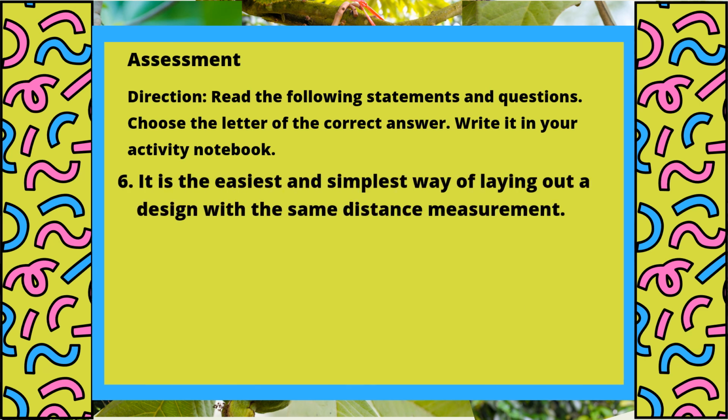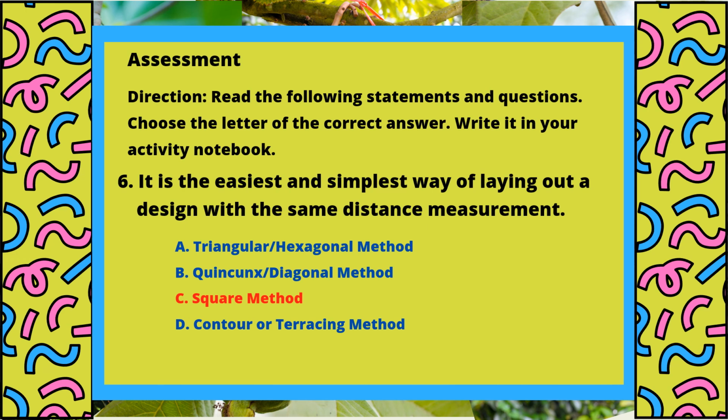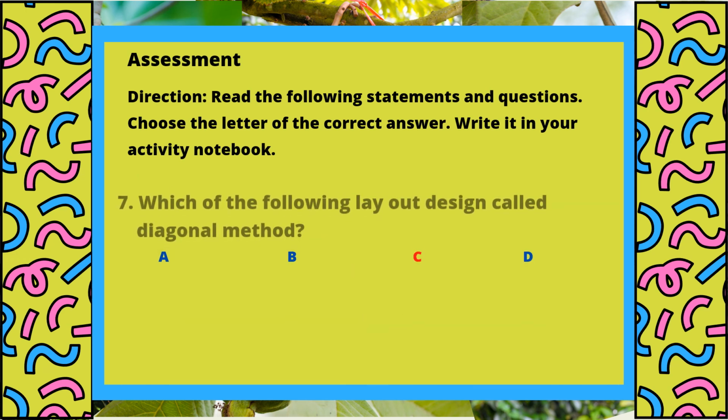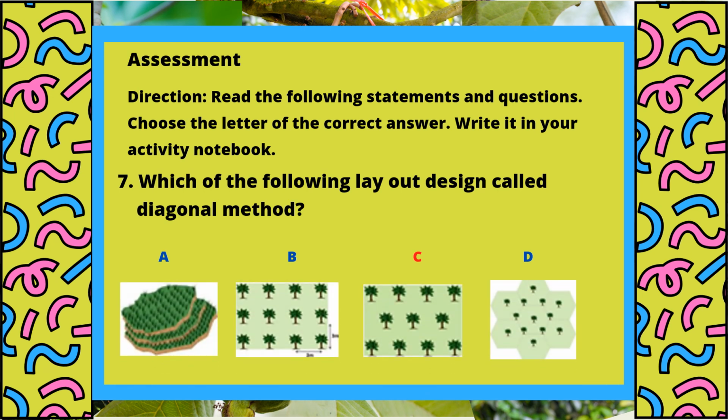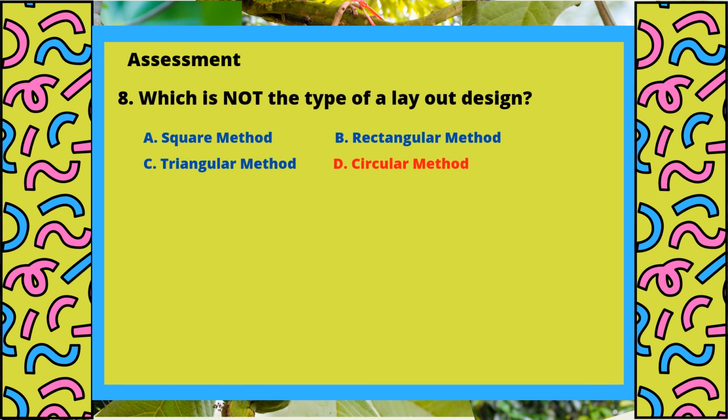Number 6, it is the easiest and simplest way of laying out a design with the same distance measurement. Letter C, square method. And number 7, which of the following layout design is called diagonal method? It is letter C. Number 8, which is not the type of layout design?